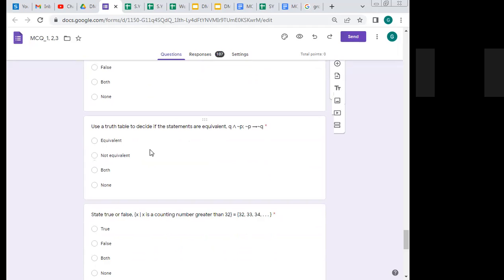Use the truth table to decide if the statements are equivalent. Yes, two statements are there. Use the truth table. Q and negation P. And the second is negation P implies negation Q. Whether they are equivalent or not. Draw the truth table. I am also doing the same.